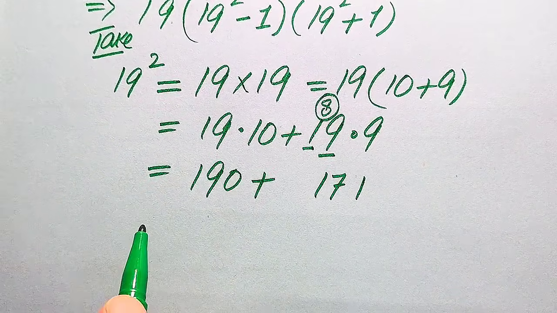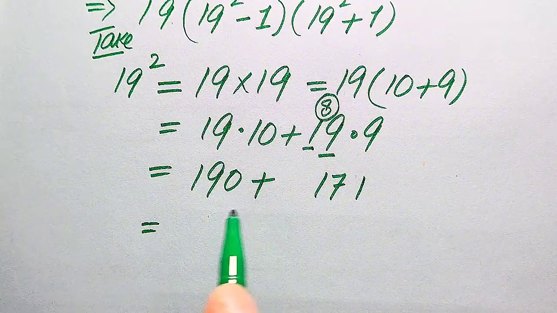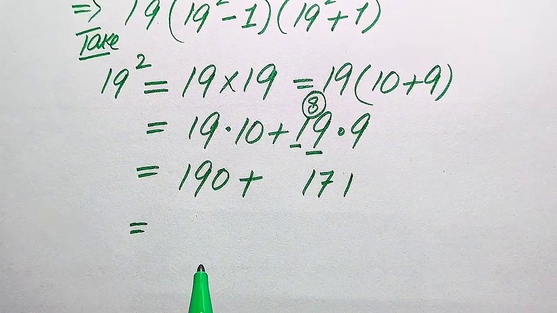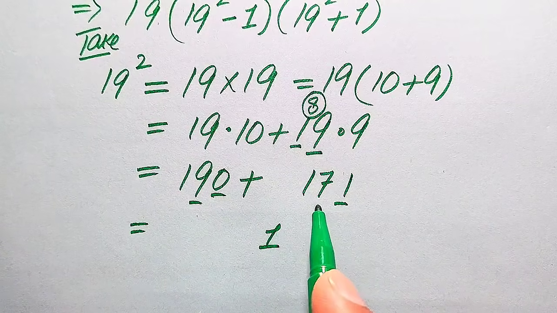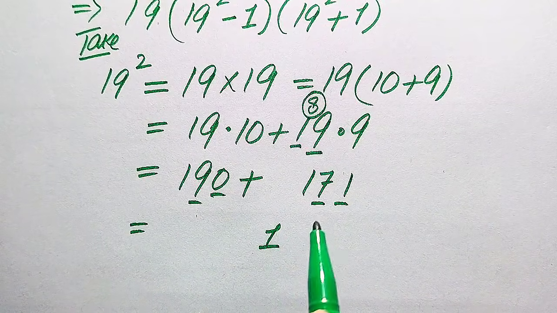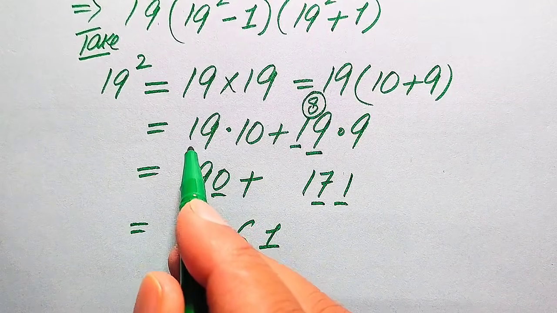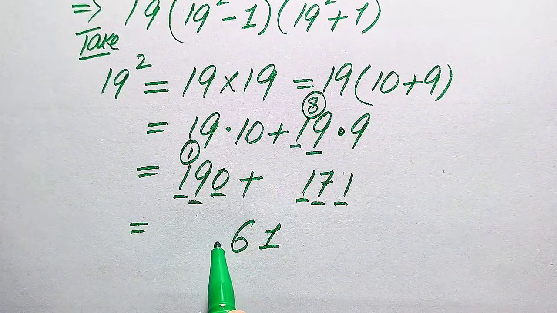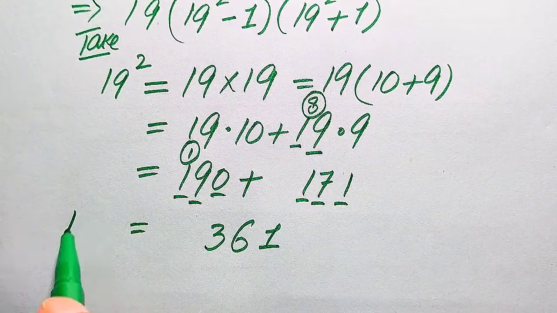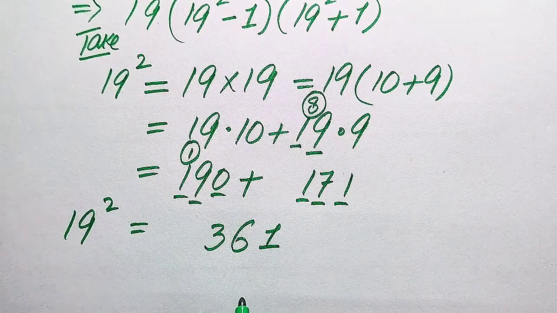And now in the next step we need to sum up both of these two values. 0 plus 1 becomes 1. 9 plus 7 becomes 16. We write 6 and carry 1. So 1 plus 1 is 2. 2 plus 1 becomes 3.